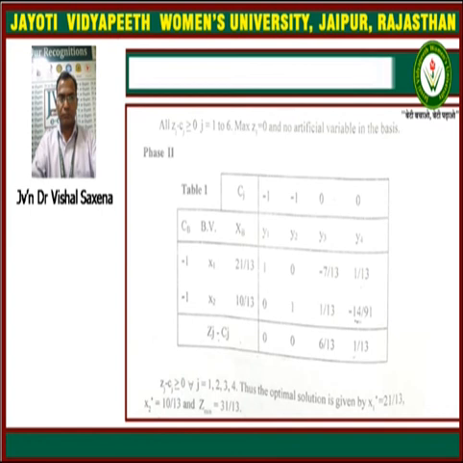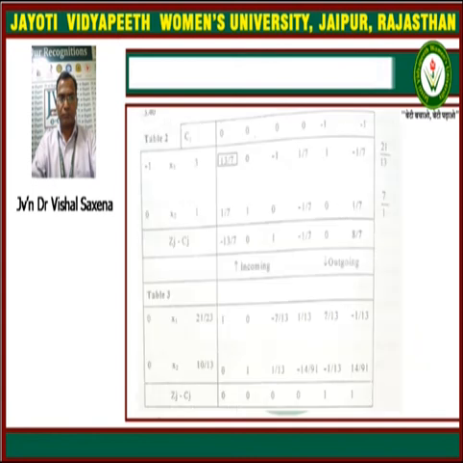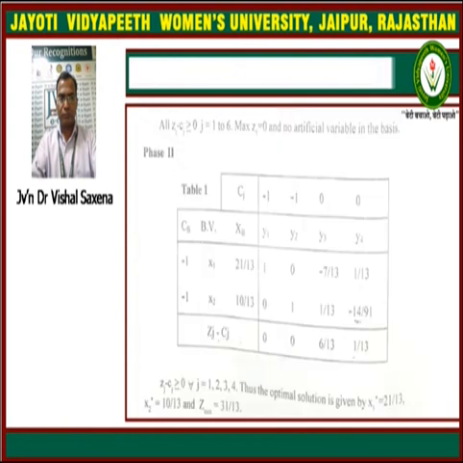Here the basic variables are x1 and x2, their costs are -1 and -1 in the original objective function, and now we will find Zj minus Cj again, which will come here 0, 0, 6 upon 13 and 1 upon 13.